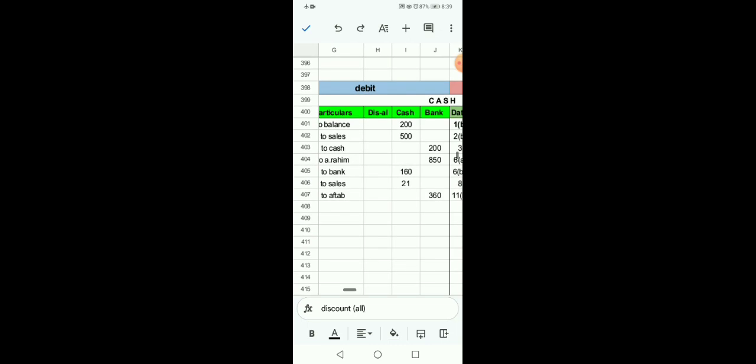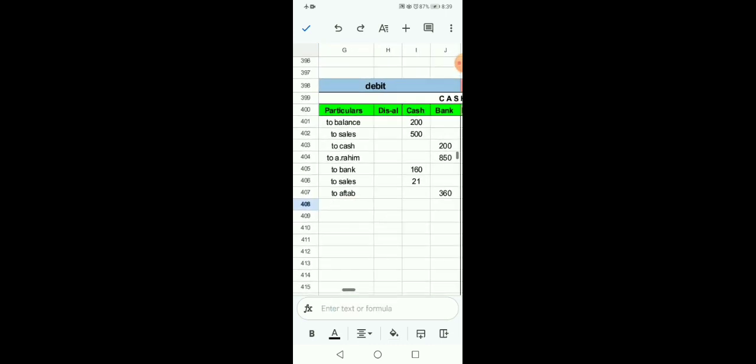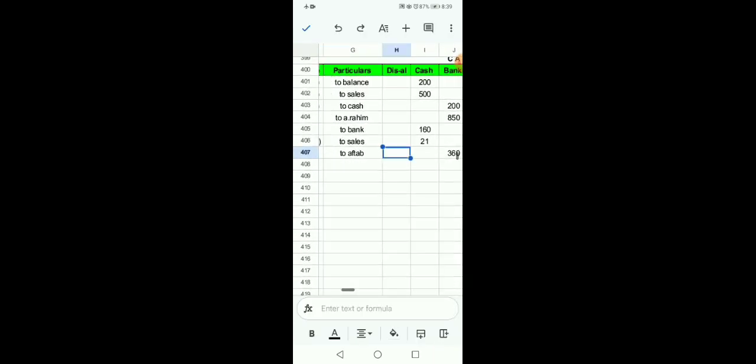Bank we have already posted, discount needs to be posted on the debit side. So you will go to the debit side of the discount. There are two possibilities. You can write discount over here, and you will have to write "to Aftab" again and 13 again. Instead of this, you can post the discount amount in the same line. Discount is 10, and you will be writing 10 in front of discount.